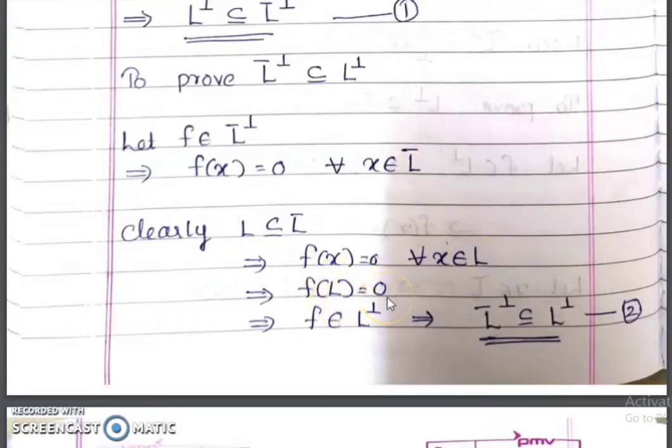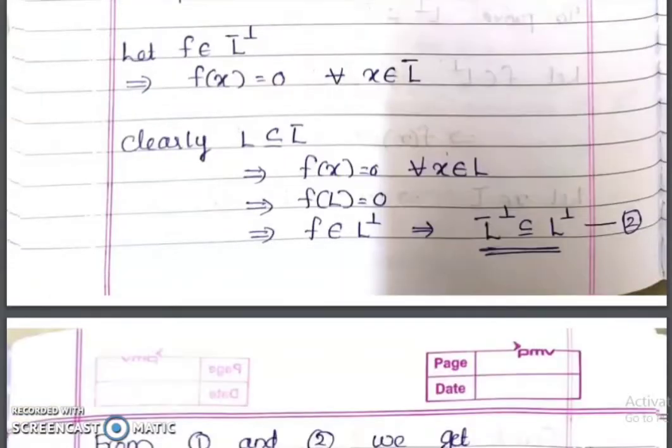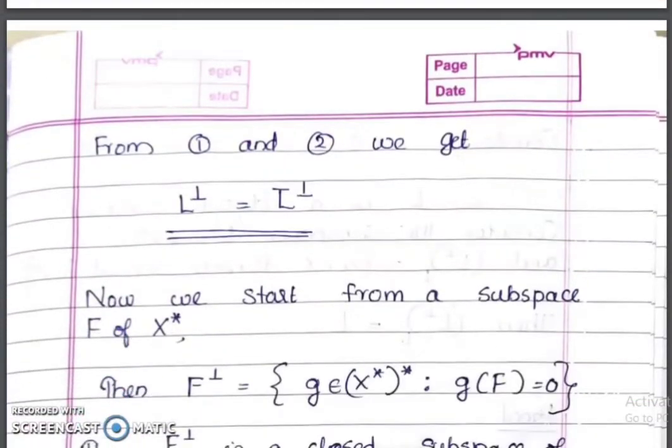This implies f belongs to L perp. Thus, we get L closure perp is contained in L perp. From 1 and 2, we get L perp is equal to L closure perp. If L is any subspace, then L perp is the same as L closure perp.